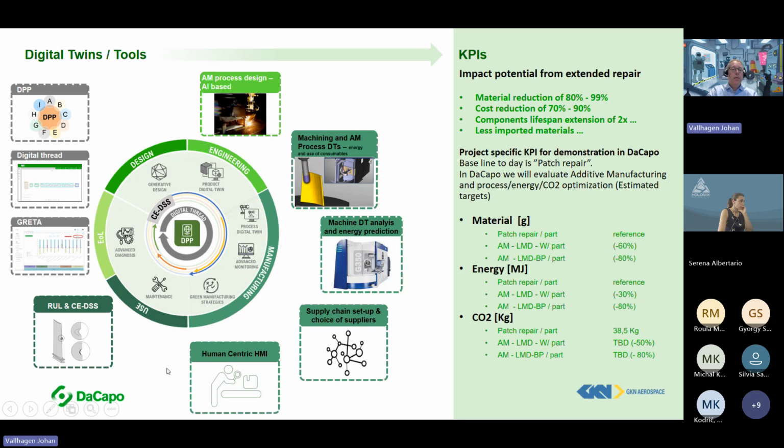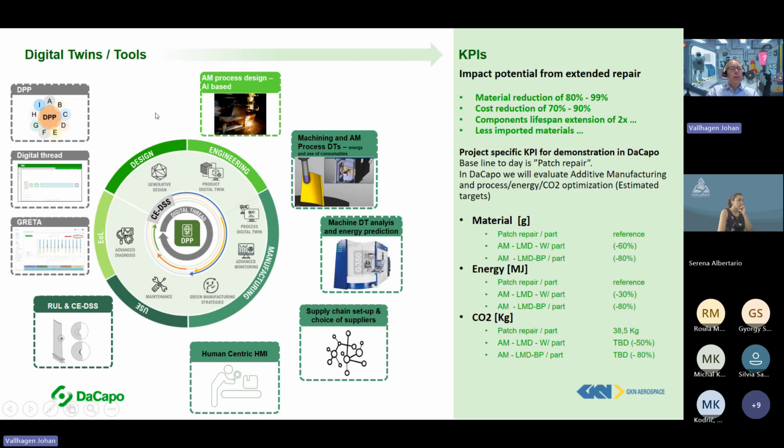It connects also to the use phase. How can you assess, or in which way do you need to assess the parts to predict and make judgment about the need for repairs and spare parts.